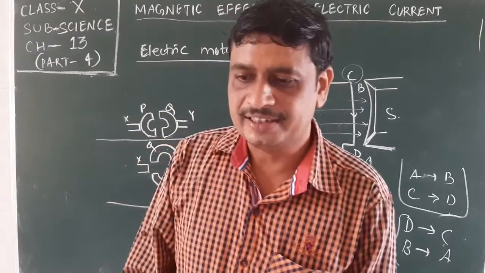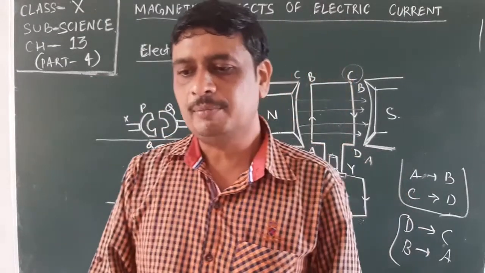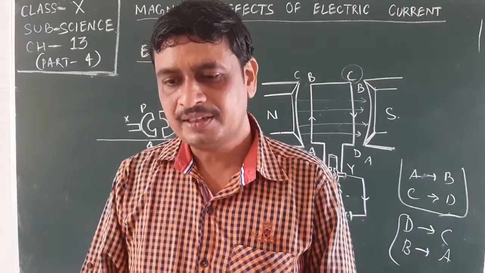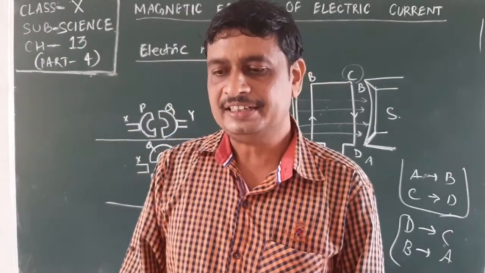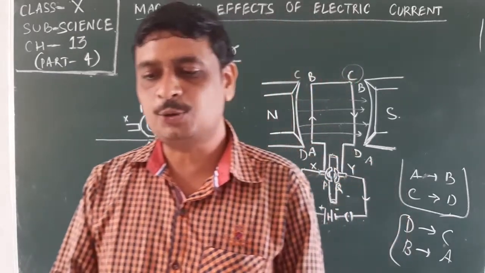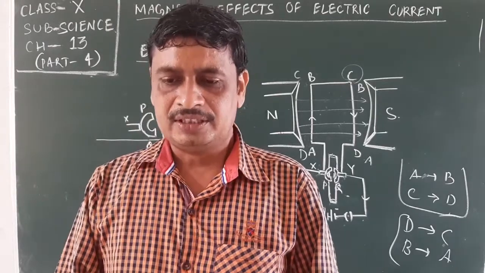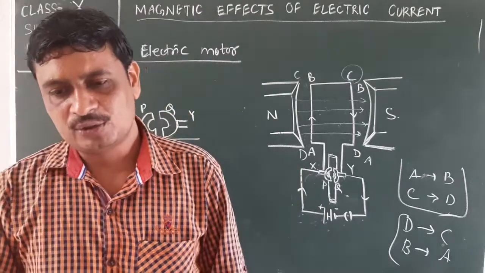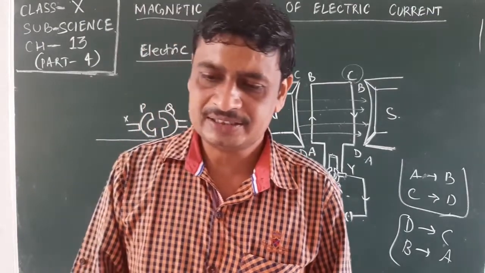Therefore, the coil and the axle rotate half a turn more in the same direction. The reversing of current is repeated at each half rotation, giving rise to a continuous rotation of the coil and the axle. The commercial motor uses an electromagnet in place of a permanent magnet.